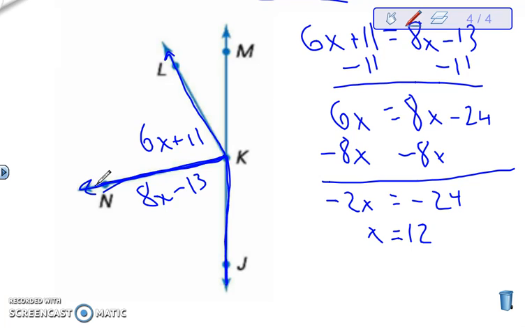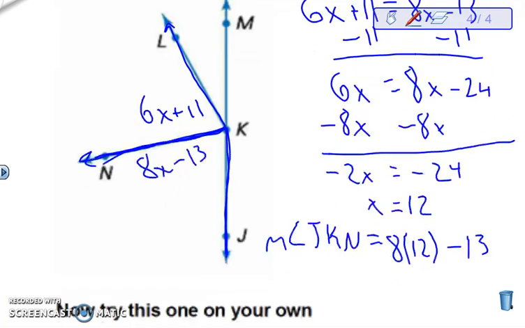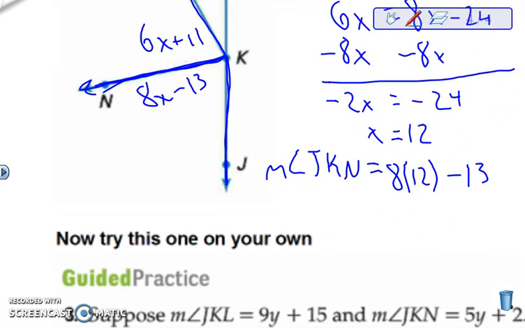So if x equals 12, that means the measure of angle JKN is equal to 8 times 12 minus 13. So we're going to do it just like that. So that means we should get 83 degrees.